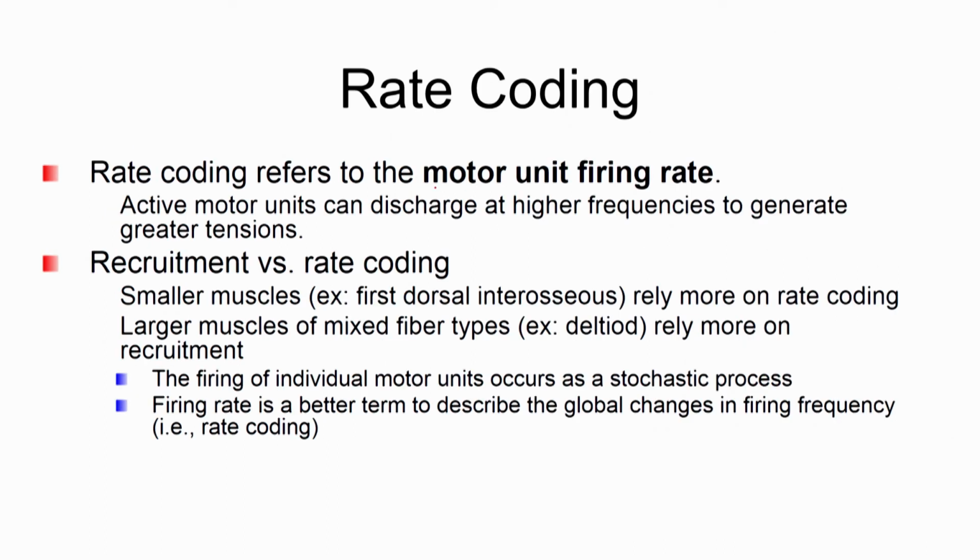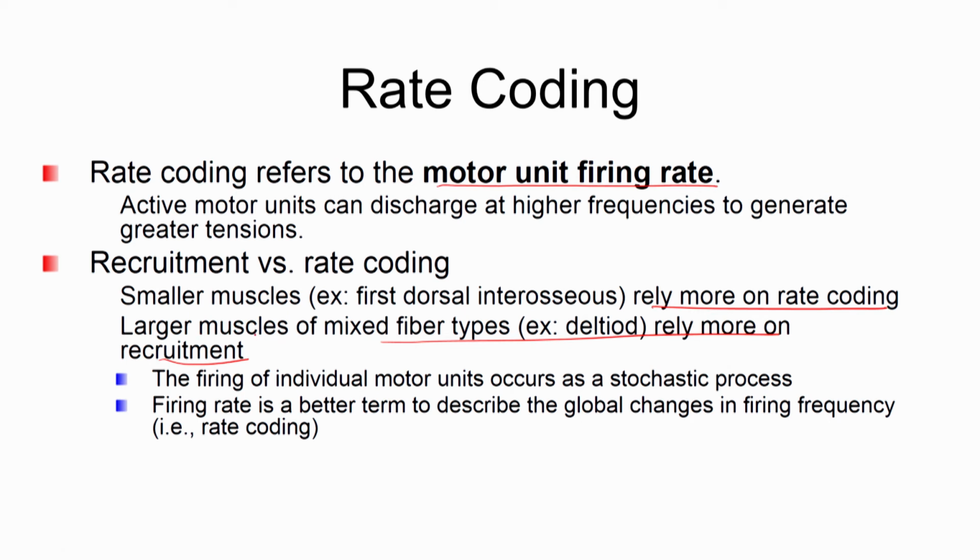Rate coding refers to the motor unit firing rate. An active motor unit can discharge at a higher frequency to generate greater tension. Recruitment versus rate coding: smaller muscles rely more on rate coding, larger muscles of mixed fiber types rely more on recruitment. So this is what I mentioned over here.